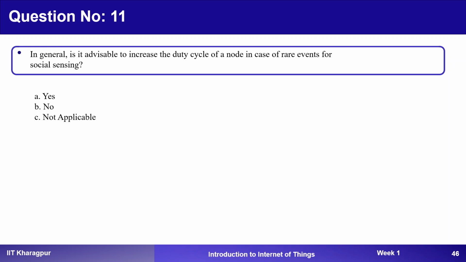The power present in them is very less, so if it is active for a large time, its power will definitely get low. In case of rare events, where the event is not going to occur for a long period, why do we have to keep the sensor active? There is no need to keep the sensor active for that long, so it is better to make the device go to sleep mode. Okay, ma'am. Understood.